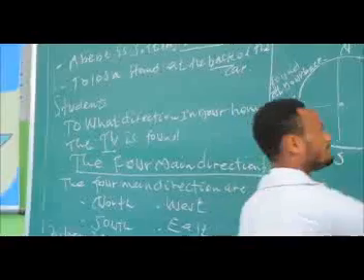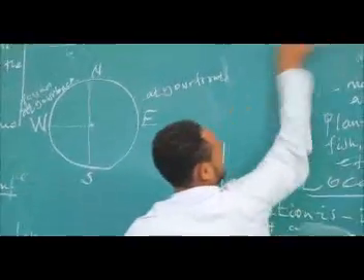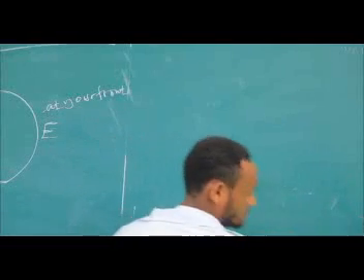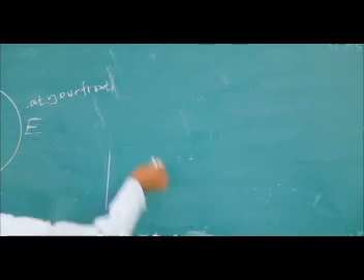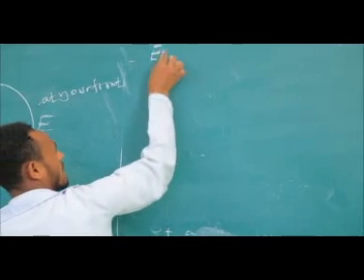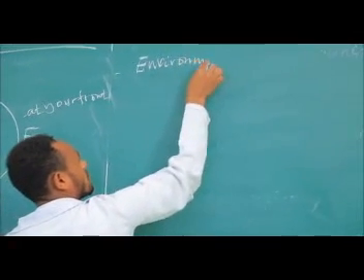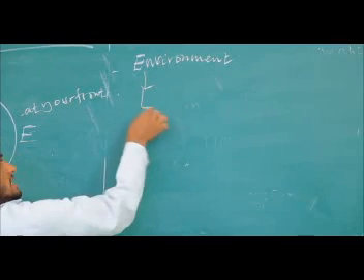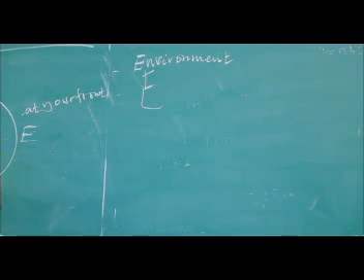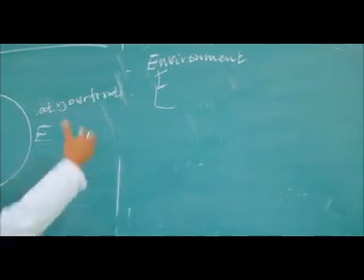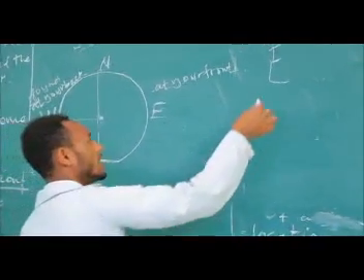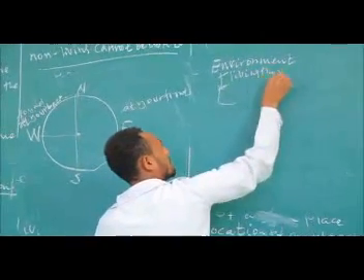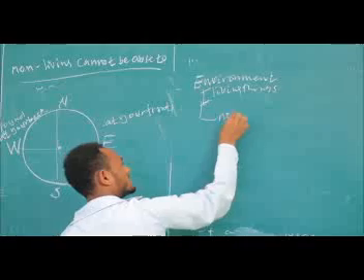Let me summarize. Students, the first one is, what is environment? The environment is the sum total of all living and non-living objects.